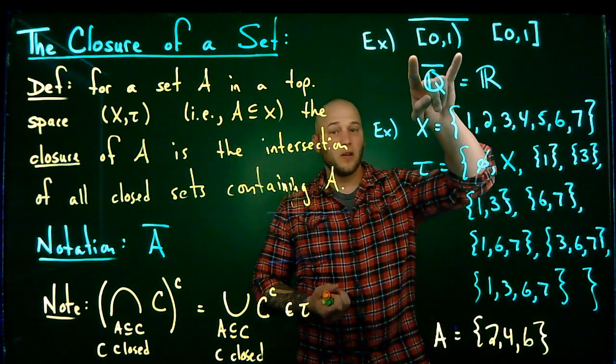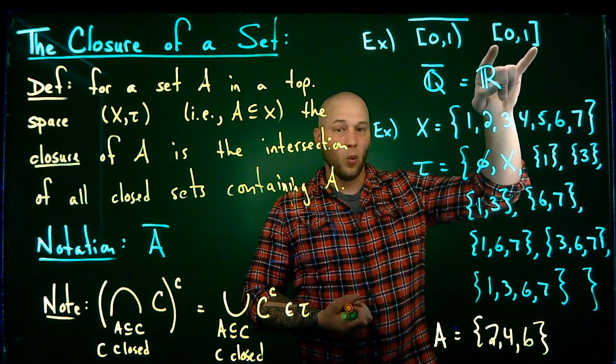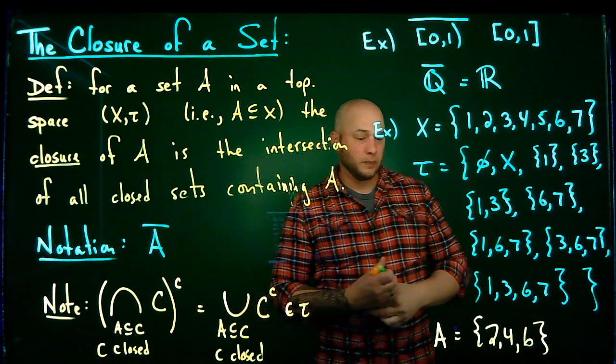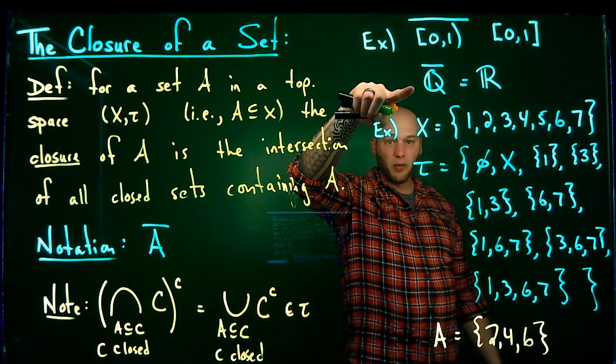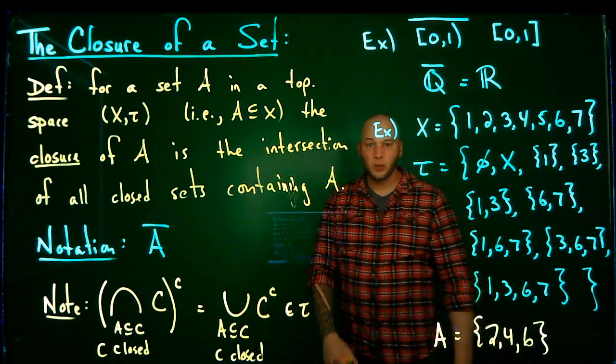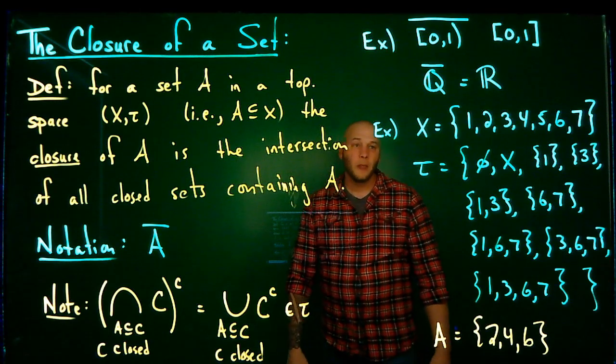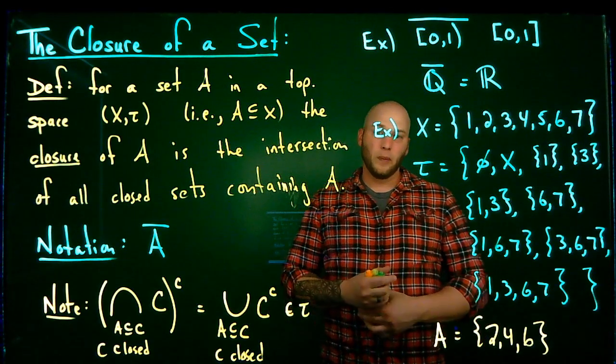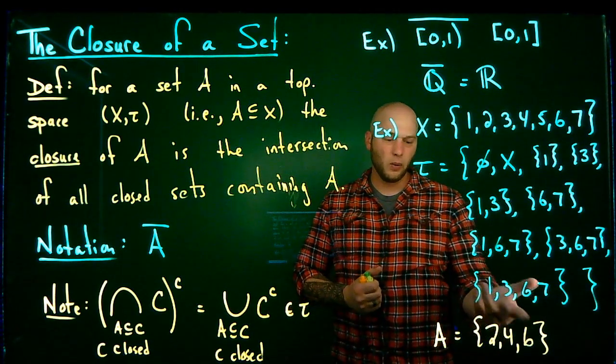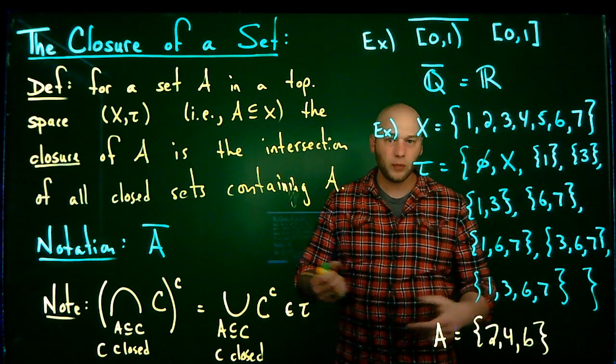If I was going to close (0, 1), the interval [0, 1] seems like the most likely answer. And if I was to close the rationals in the real line, this seems like the most likely answer. Seems reasonable, right? But for this one here, if I close {2, 4, 6}, what is that going to give me?